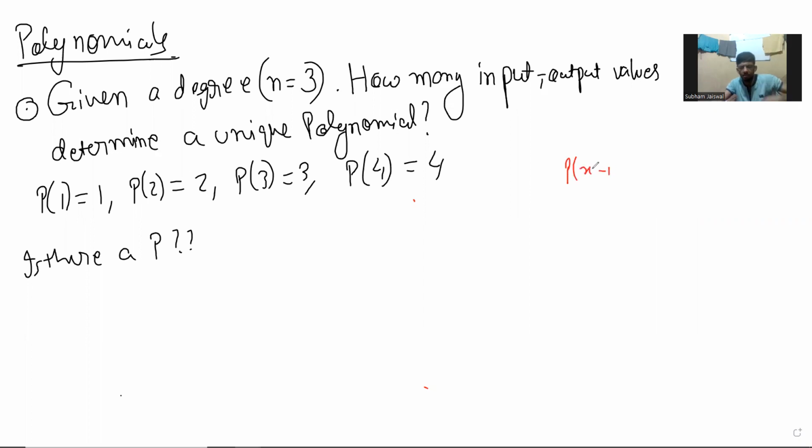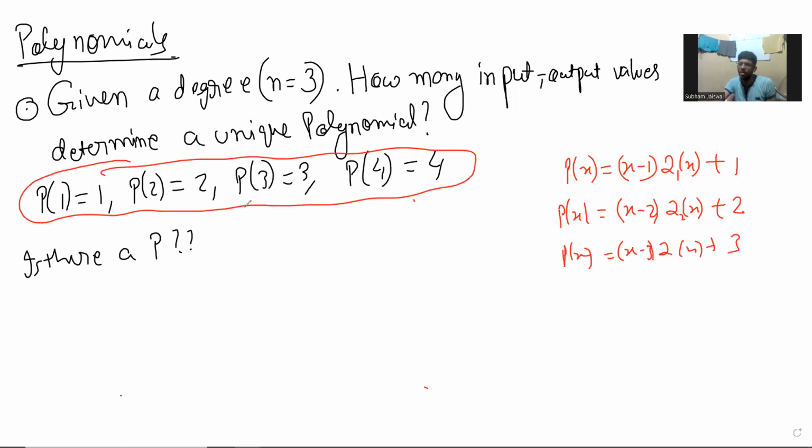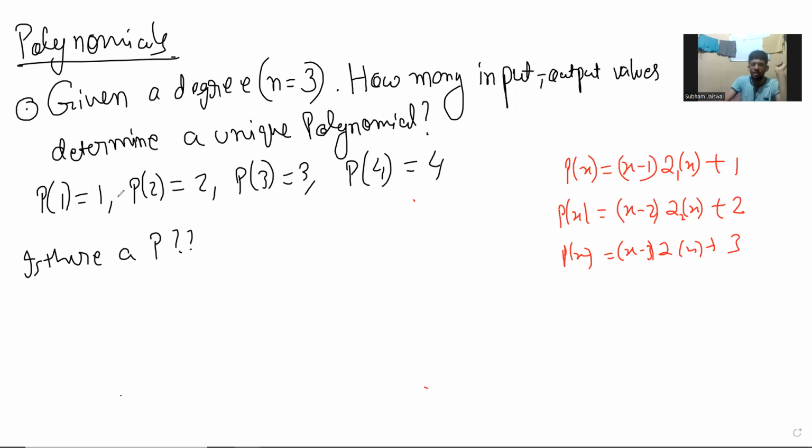So p(x), when you divide it by x minus 1, you get 1. When you divide it by x minus 2, you get 2. This is a different quotient each time. You can already convert this to a sort of 0 information, in the sense of something vanishing.